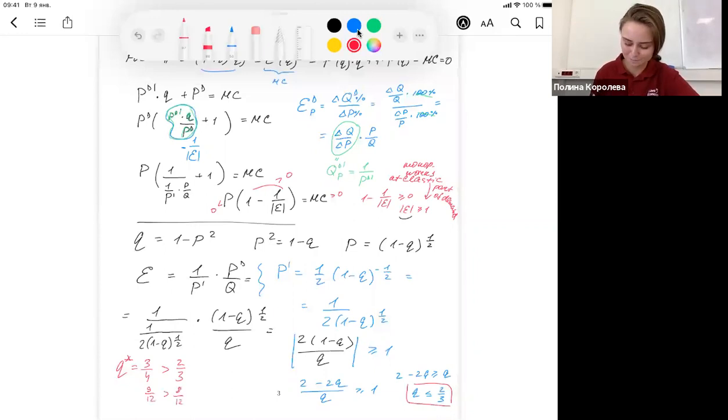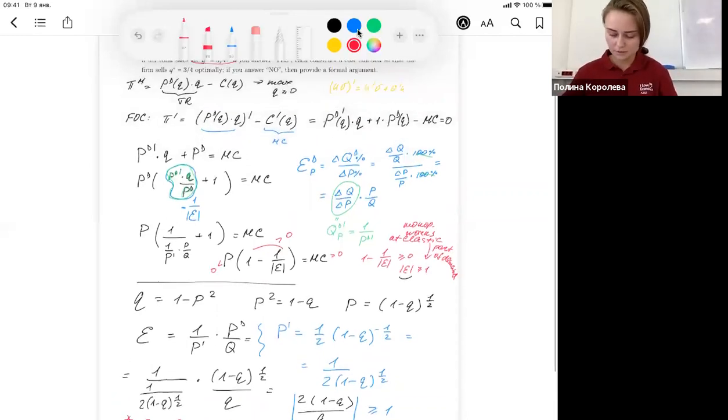So this is true. So that means that the monopolist can produce such quantity. So the answer for this task is no.